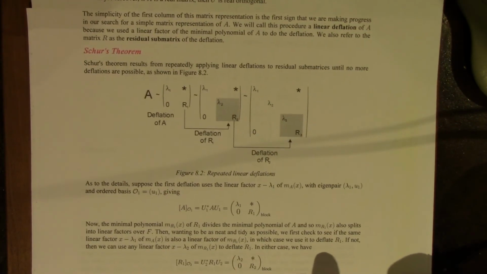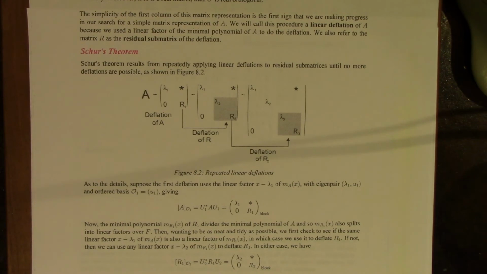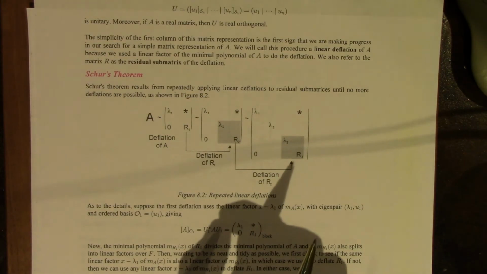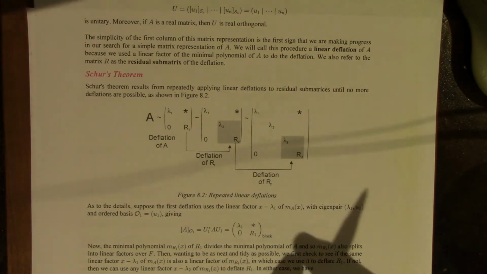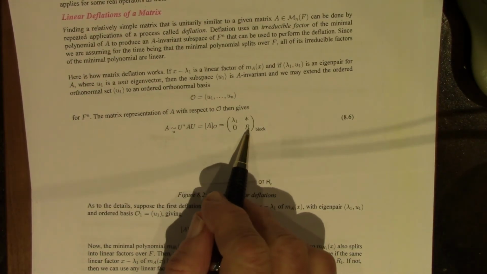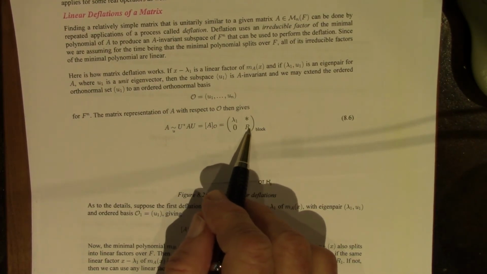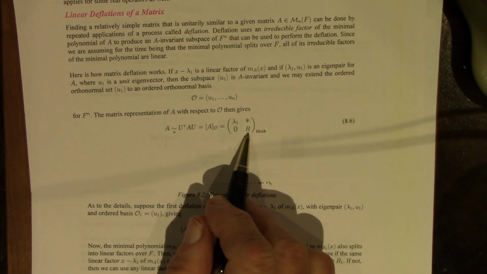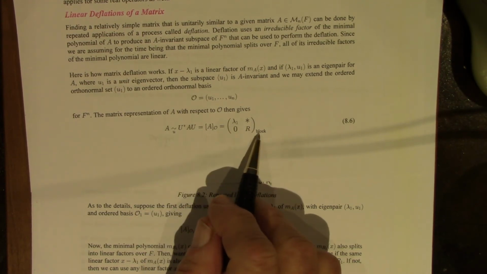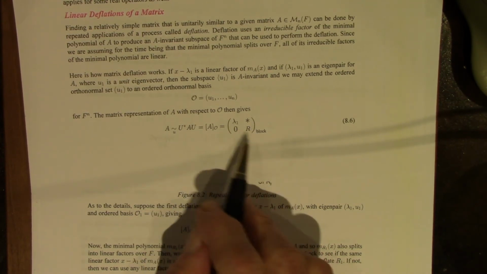Also, forgot something important, this matrix R we will call the residual matrix for the deflation. It's what's left over, so to speak.